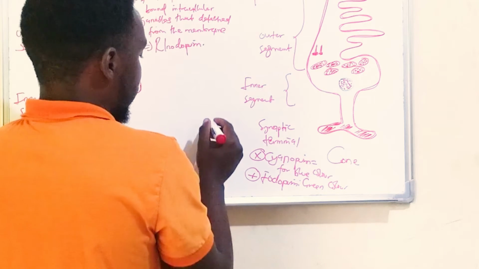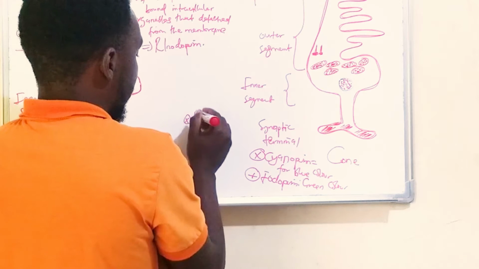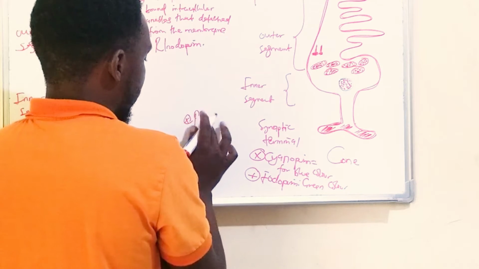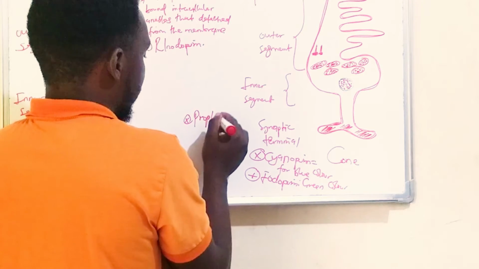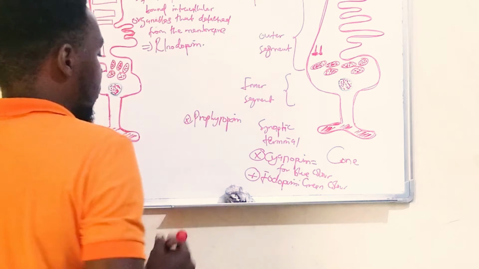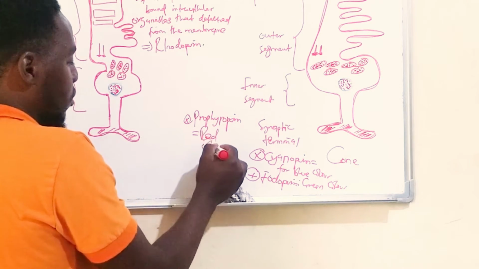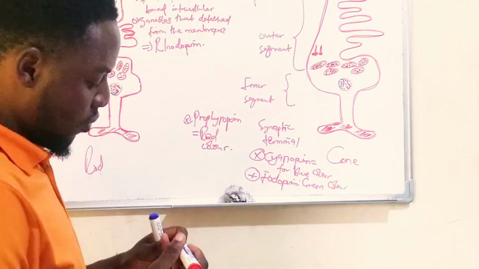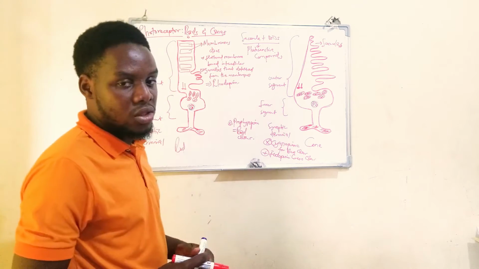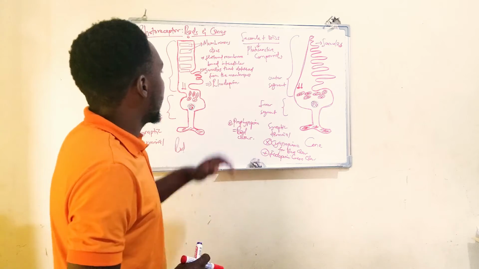Then the last one, porphyropsin, for red color. Those are the photosensitive compounds that you're going to find in different cones. So if the cone is for blue color, you find cyanopsin there, and so on.